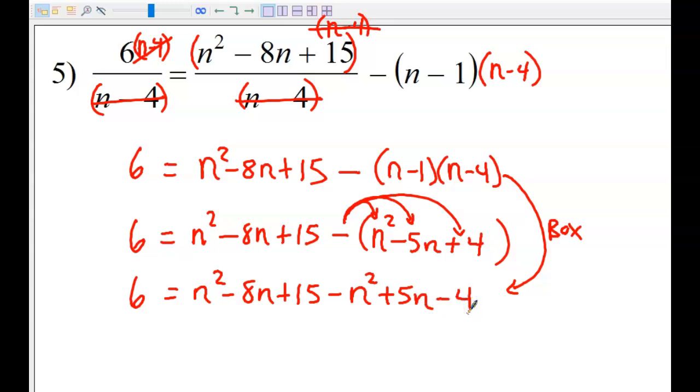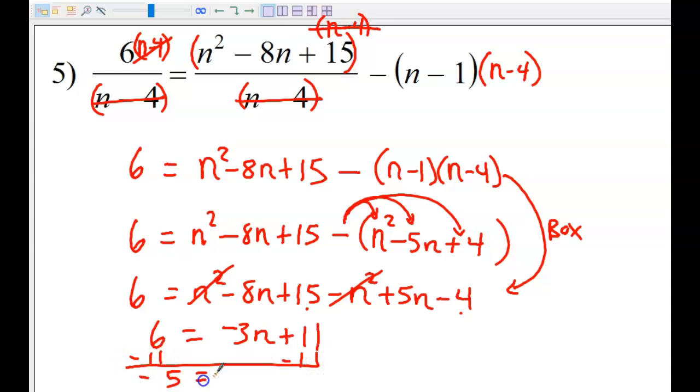Then we're going to combine our like terms. The n squared and the n squared cancel. That's good because now it's not a quadratic anymore, and it'll be a basic, simple problem to solve. Negative 8n goes with 5n to make negative 3n, and then 15 goes with negative 4 to make 11. So now we just finish up the problem there.